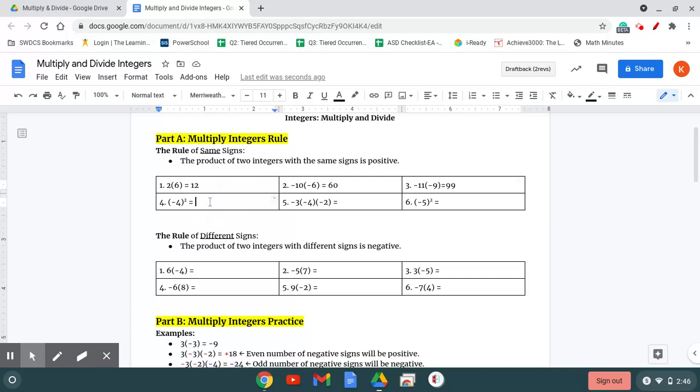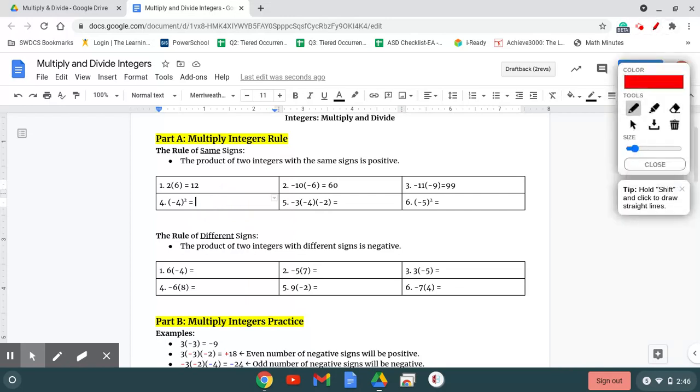All right, we have something a little bit different for number 4. This is called a square. Hopefully you guys have seen this before and are a little bit familiar with it. So when you have a number inside parentheses, like our negative 4 is, with an end parentheses and squared, it means we have 2 of everything inside this parentheses.